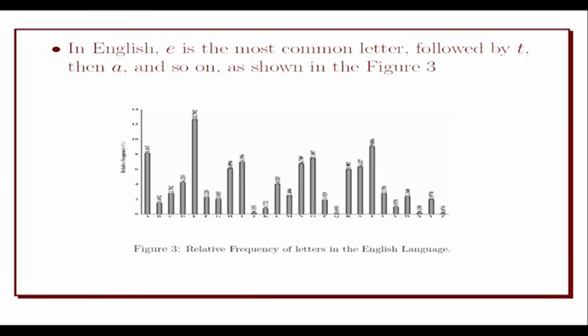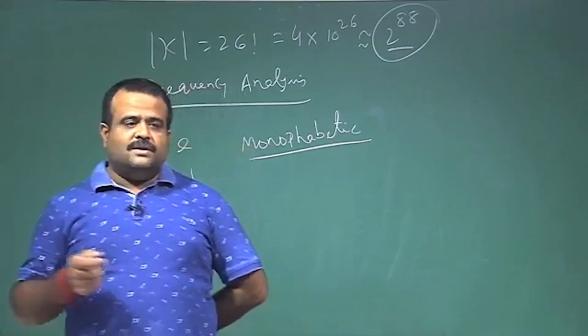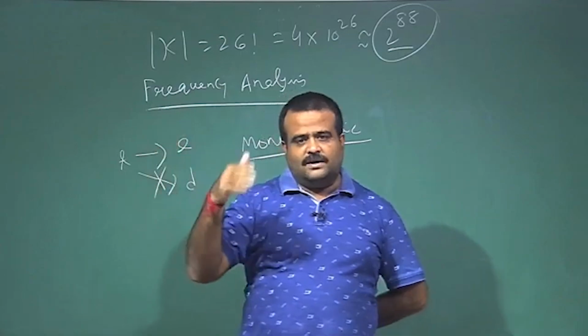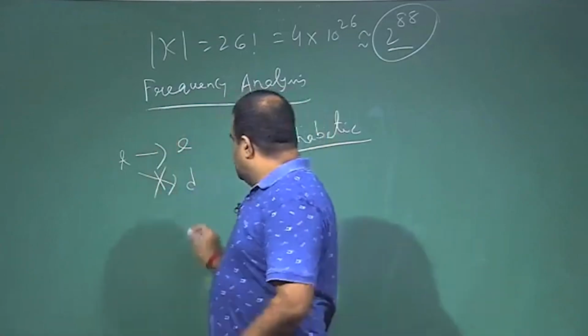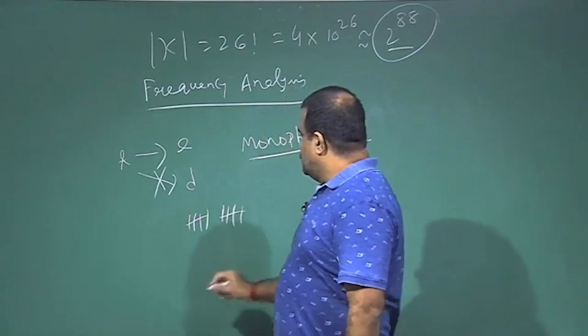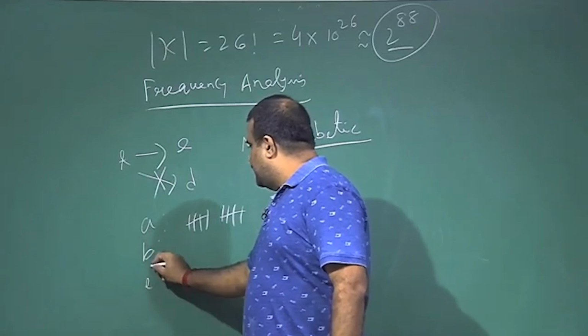Okay. So, we have this phenomenon for English text: people have observed that E is the most common letter. If you take any big English text and just do a frequency count of the letters, how many times A is coming, how many times B is coming, how many times E is coming, and so on, then we can see this picture.